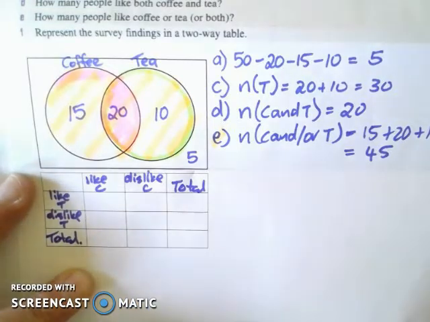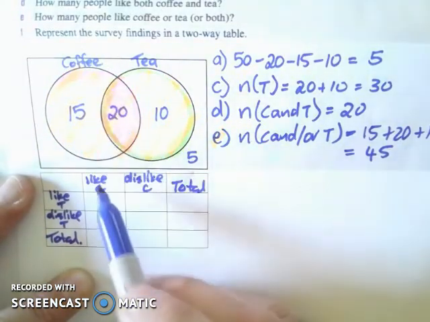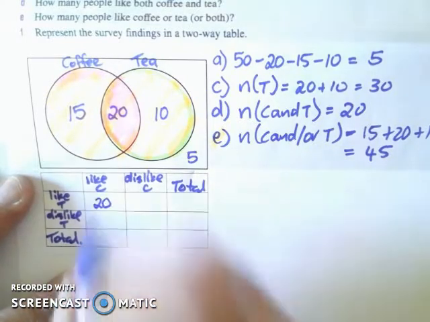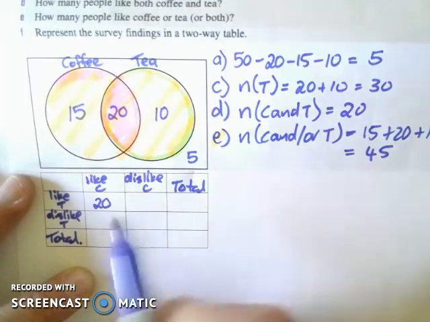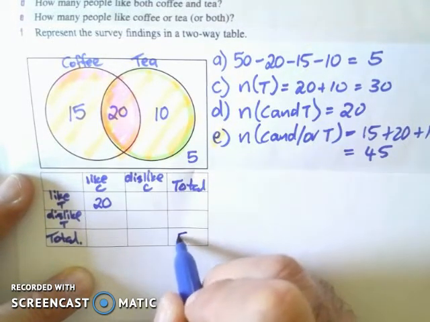So how do I draw the one from the other? The easiest one is to start with the one that is coffee, like coffee and tea. So I like coffee and like tea, that will be 20. The total, I know, down here should be 50 because there were 50 people.